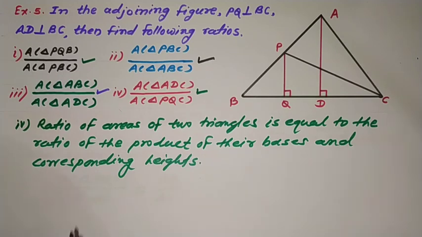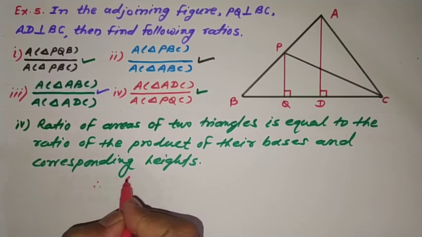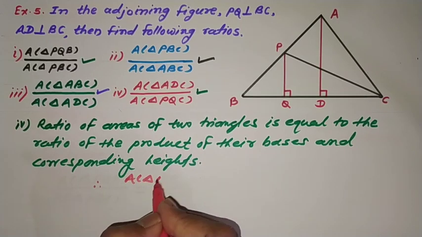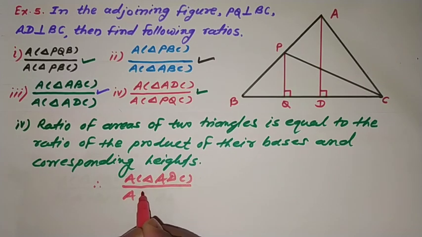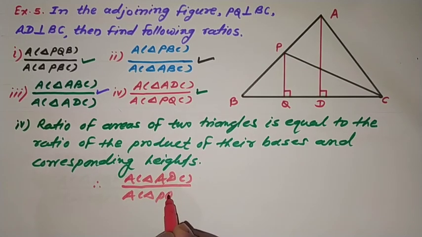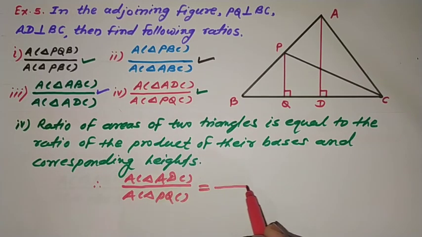Therefore, write down the area of triangle ADC upon the area of triangle PQC as the product of their bases and corresponding heights.